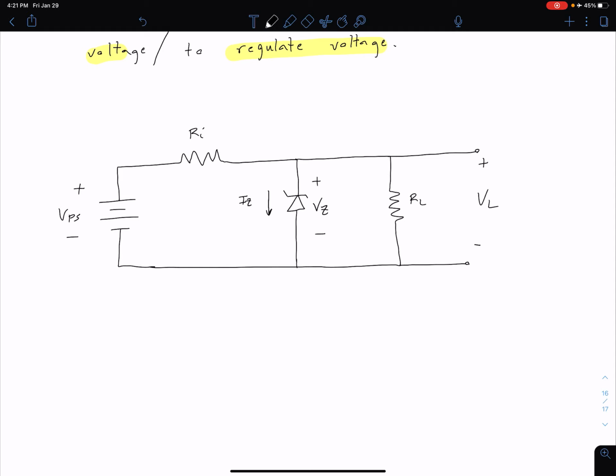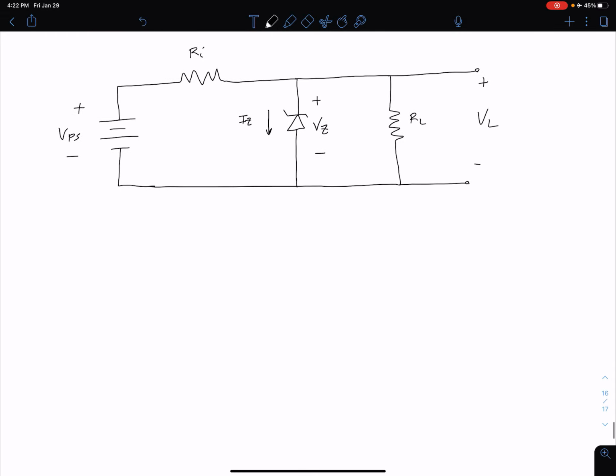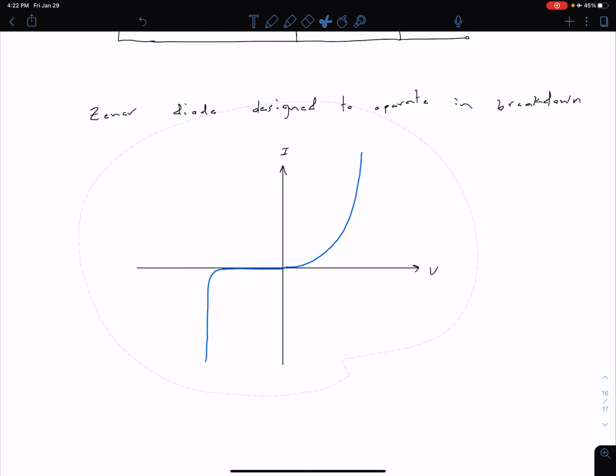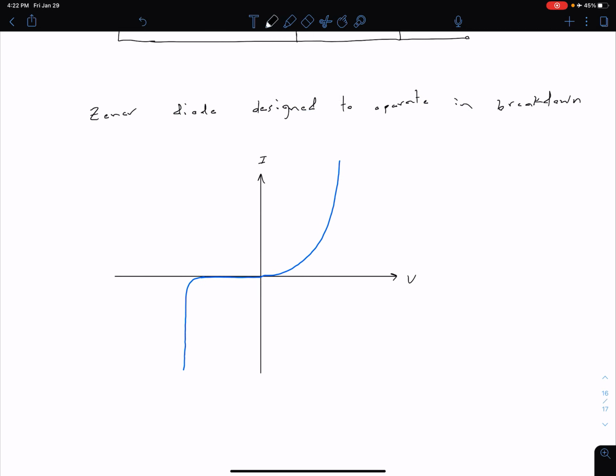The reason is, if you recall from our first unit, our Zener diode is actually designed to operate in breakdown. Just to give us a little bit of a refresher, let's look at our IV plot, or current-voltage plot, for a diode in general.